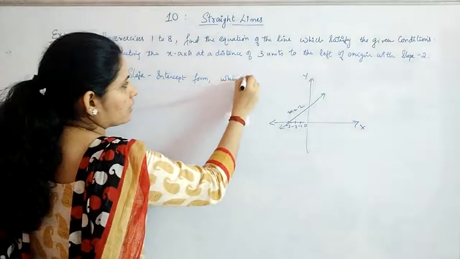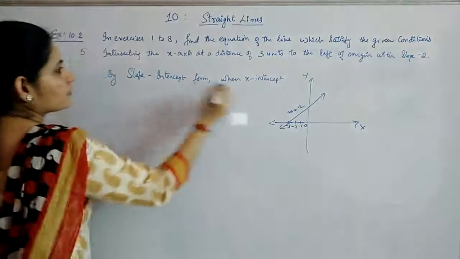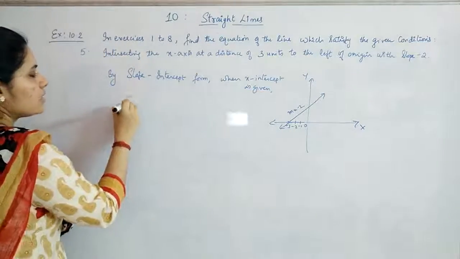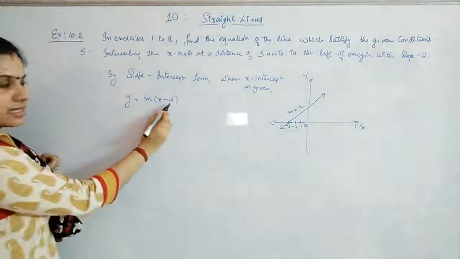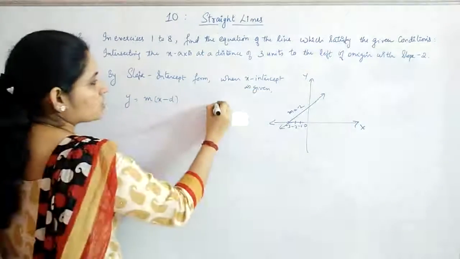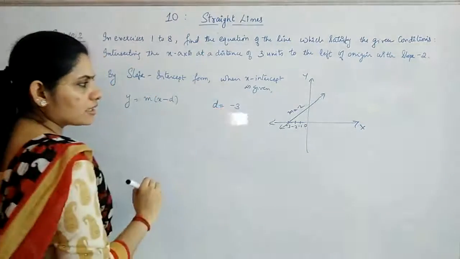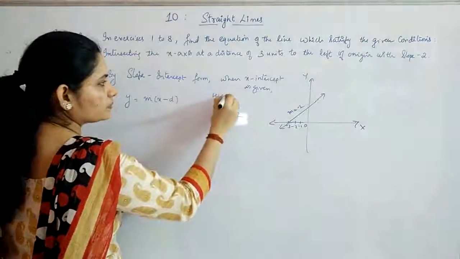It will be y is equal to m into (x minus d), where d is the x-intercept and m is the slope. So what is d here? Here d is -3 and m is -2.